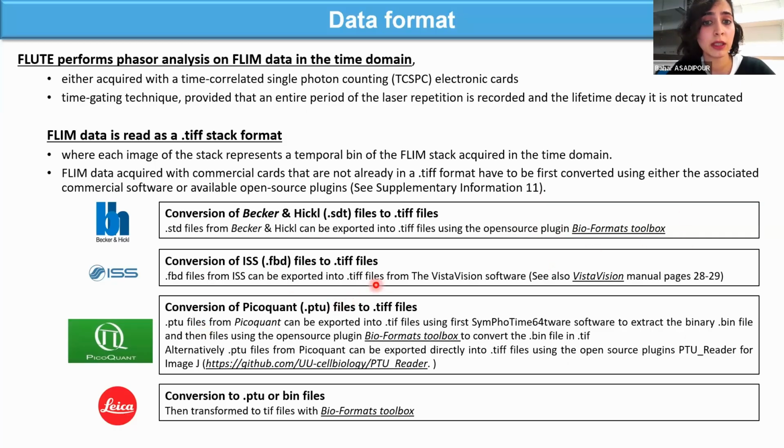For ISS cards, we get FBD, and using the VistaVision software, we are able to convert them to TIFF. For PicoQuant systems, we get PTU, and then we can convert this PTU to a bin file, and then the bin file to TIFF. For Leica systems, it's either PTU or bin, and you can transform them using the Bio-Formats toolbox.